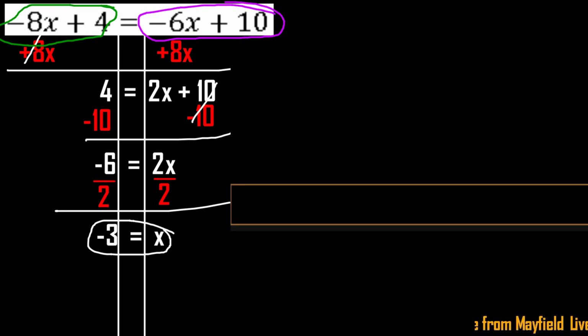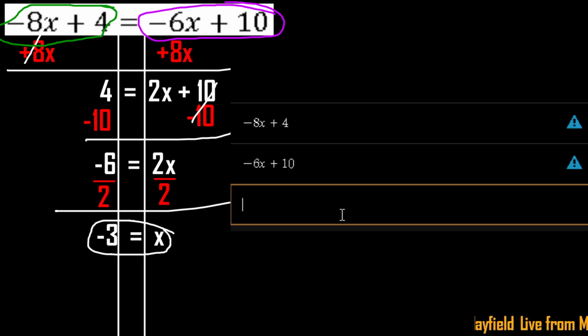So using that Desmos calculator, again, I can type for myself. I say negative 8x plus 4, and then I have my pink line, which is negative 6x plus 10, and then we define our variable as x equals negative 3. Again, since these two lines are equal, we know that our answer of negative 3 is correct.